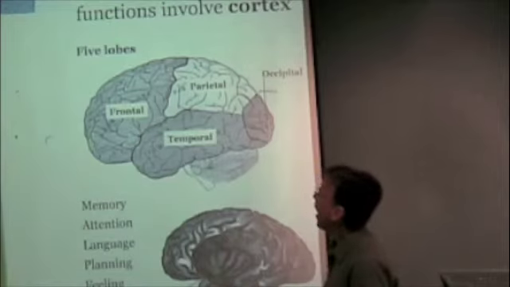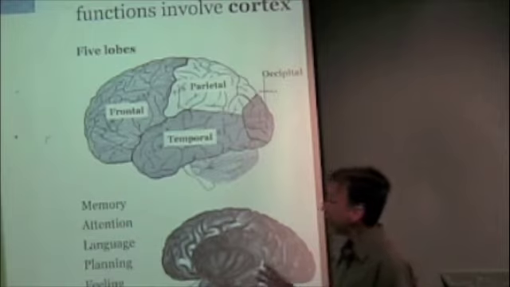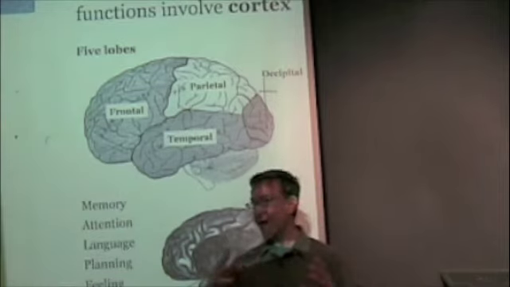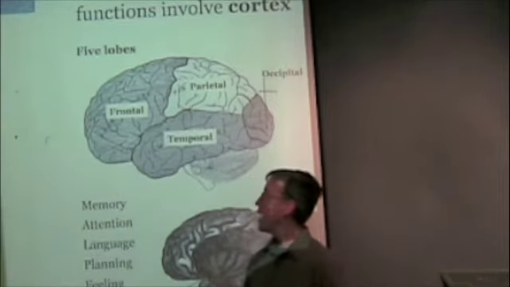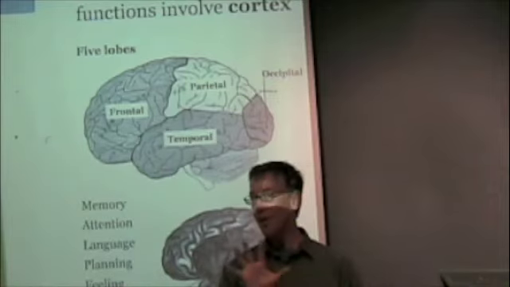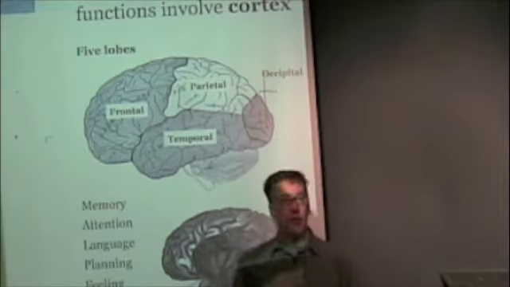Now, higher cognitive functions involve the cortex, and if we're going to start examining the cortex in the context of what different regions do, it helps us structurally divide up the cortex. For many years it was taught that there were 4 lobes of the brain, but it turns out that there are 5 rather significant regions of cortex that we separate into 5 lobes.